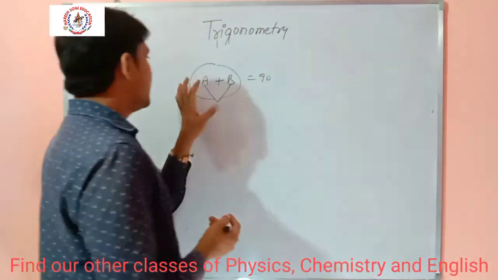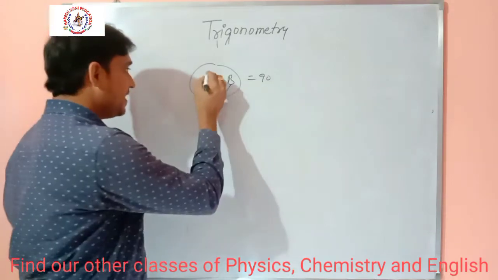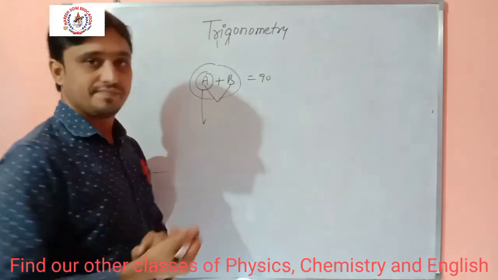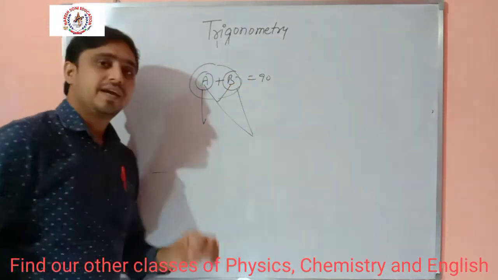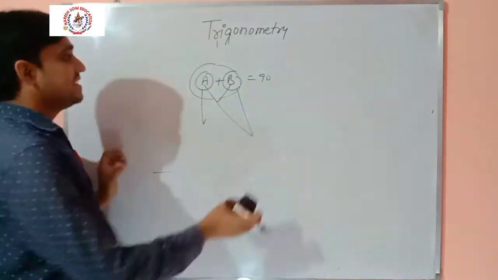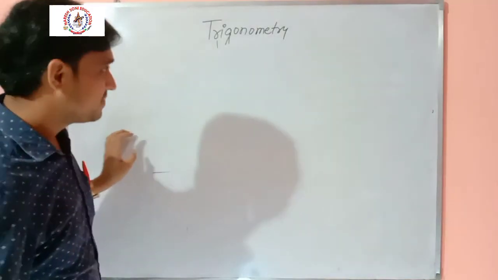Sum of two angles is 90 degree. Then A will be the complementary angle of B, right? And B will be the complementary angle of A. Get my point? Yes. So let's discuss some trigonometric ratios of complementary angles.